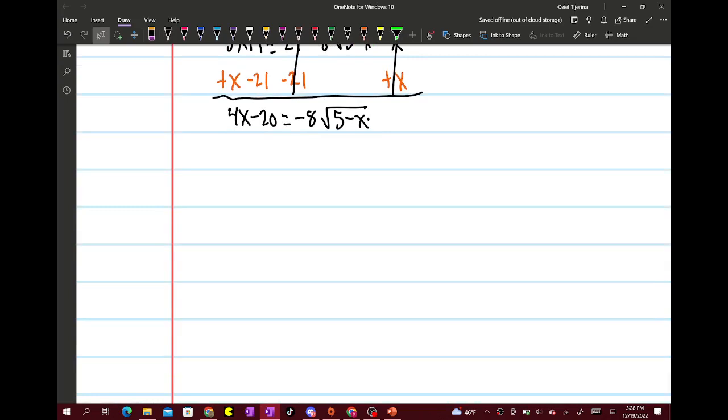Now, we're going to go ahead and divide by negative 8 because we need this number in front out of the way, right? So we're going to divide by, I'm sorry, by negative 8. Excuse me. So we're going to say over negative 8 over negative 8.